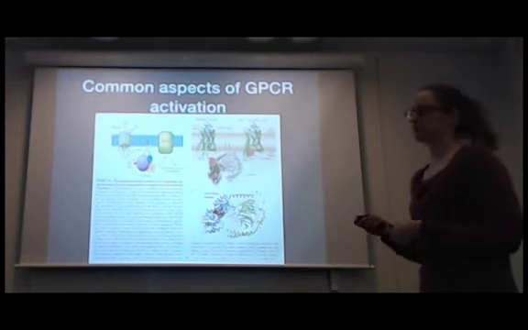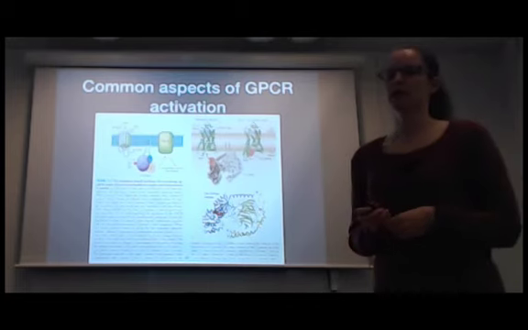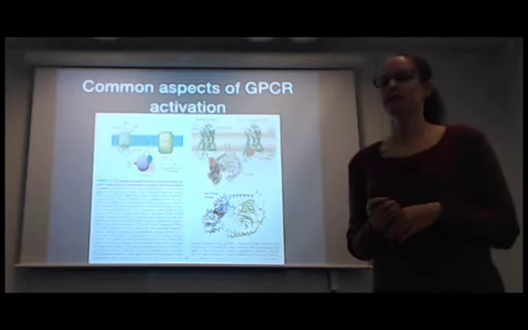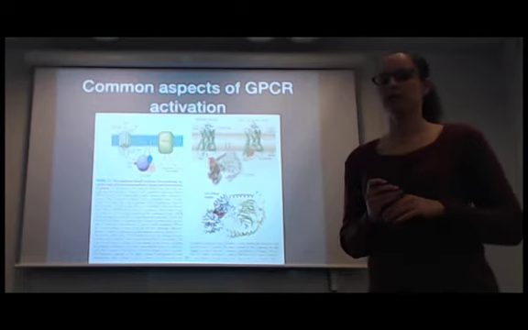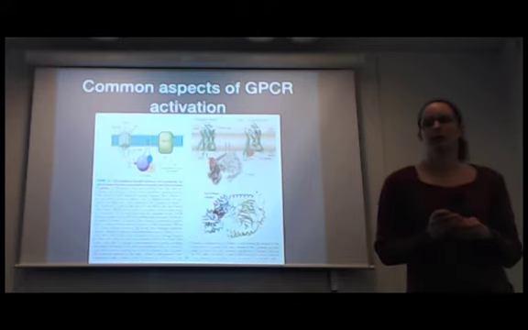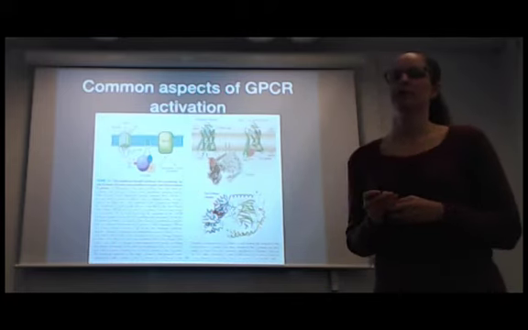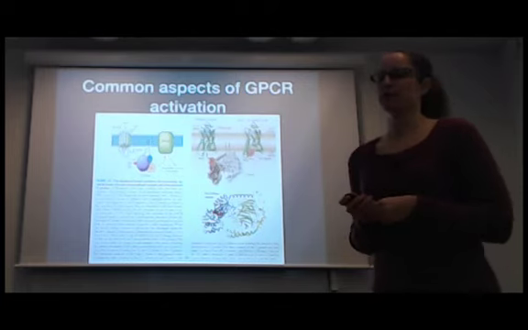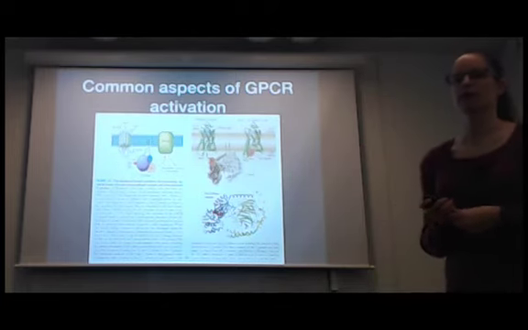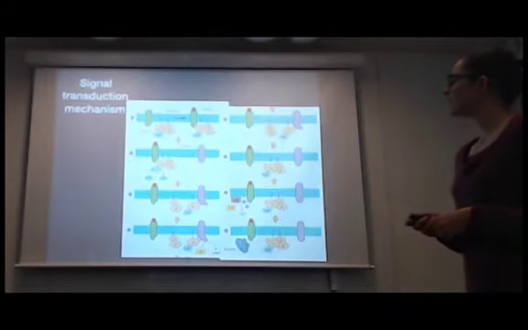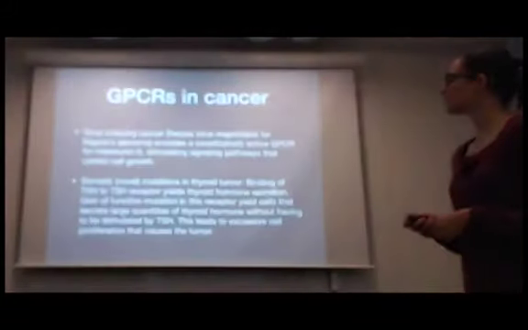And GPCRs actually are involved in many, many physiological phenomena and in disease when they're mutated. And the most important thing to know is that the pharma industry is very interested in them because they constitute 30% of all drug targets. And so that's why there's so much interest, and why you'll cover this in a later lecture on drug design.